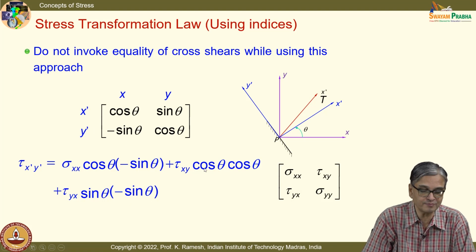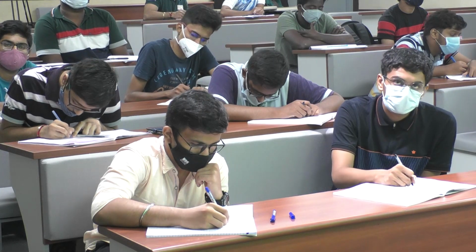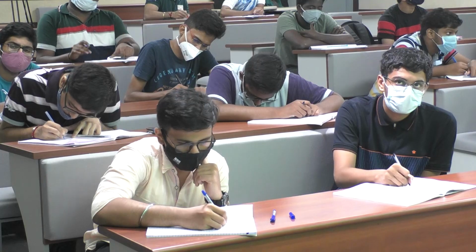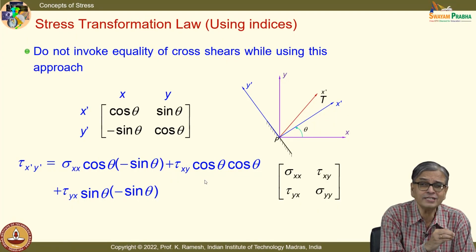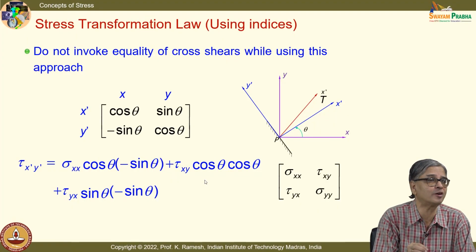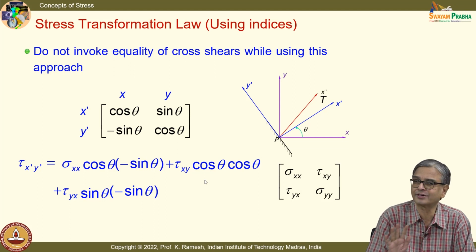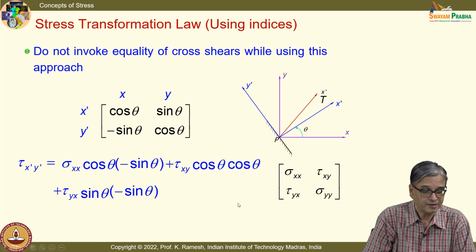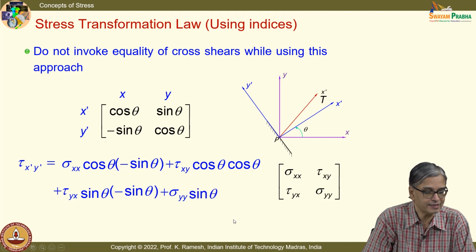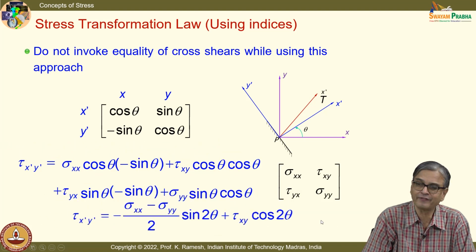You find these two terms are different. You get the point? So, if you use the equality of cross shears, using the indical notation to get the transformed stress components, you cannot apply. So, you should understand the restriction. And you similarly write for sigma yy, I get this as x prime y and then y prime y. So, I have this and this is written in a simplified fashion here.